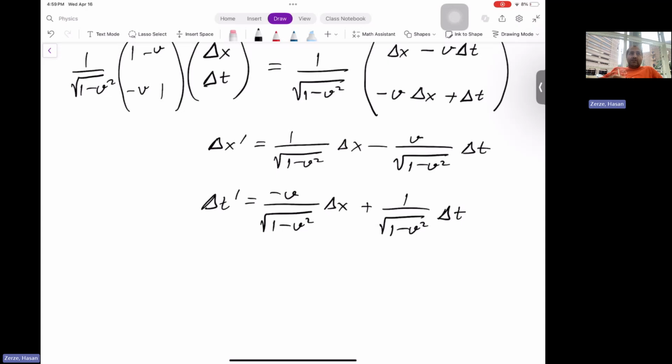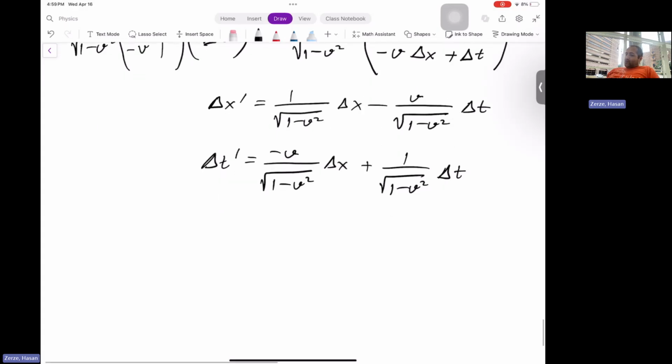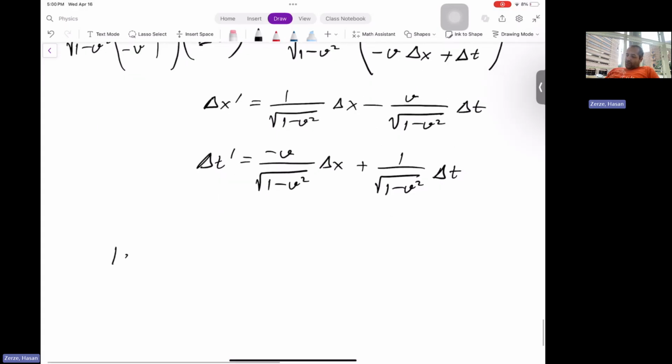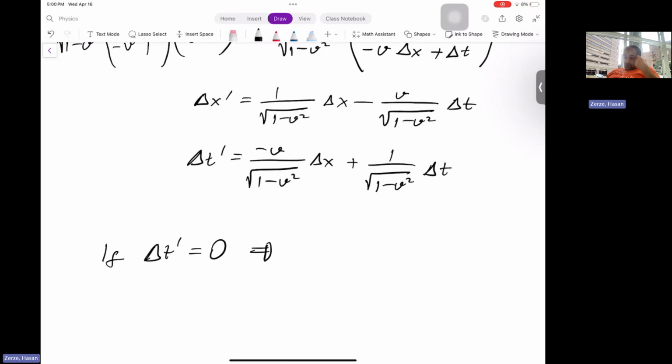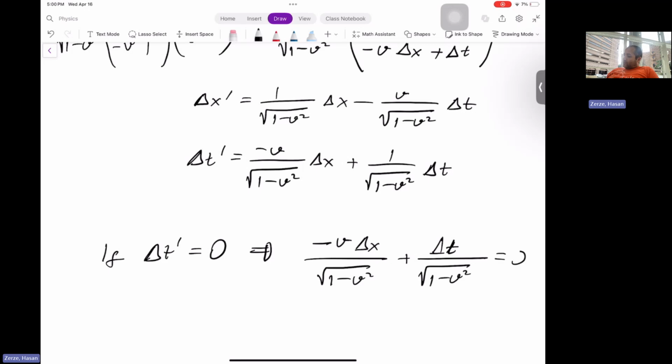It's only when delta t prime is 0 that observer B will measure the distances correctly. So if delta t prime is 0, then what we get is negative v delta x over square root of 1 minus v squared plus delta t over square root of 1 minus v squared is 0.